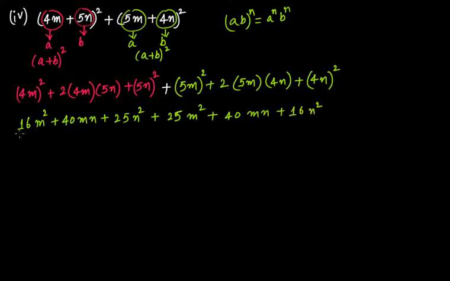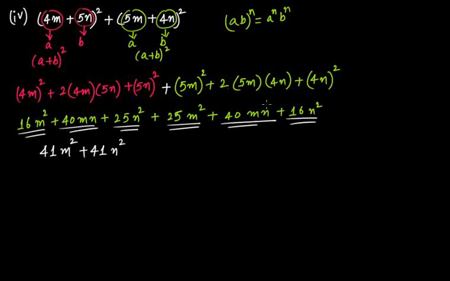Now this 16m squared and this 25m squared are like terms, so add them up you get 41m squared. Now this 25n squared and this 16n squared are like terms, you add them up you will get again 41n squared, and then this 40mn and this 40mn are like terms, so add them together you'll get 80mn.